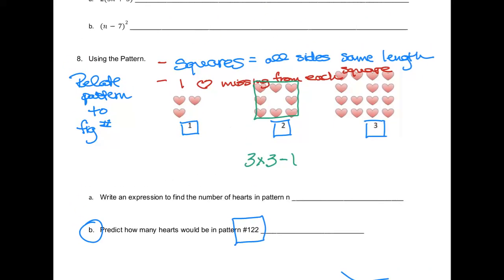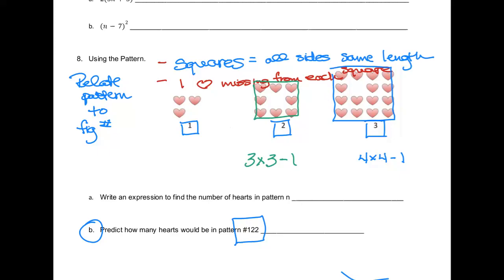Okay, look at this over here. What size square is this over here? What's the expression I could use to talk about the number of hearts in that square? 4 times 4 minus 1. Okay, so let's back up a minute.